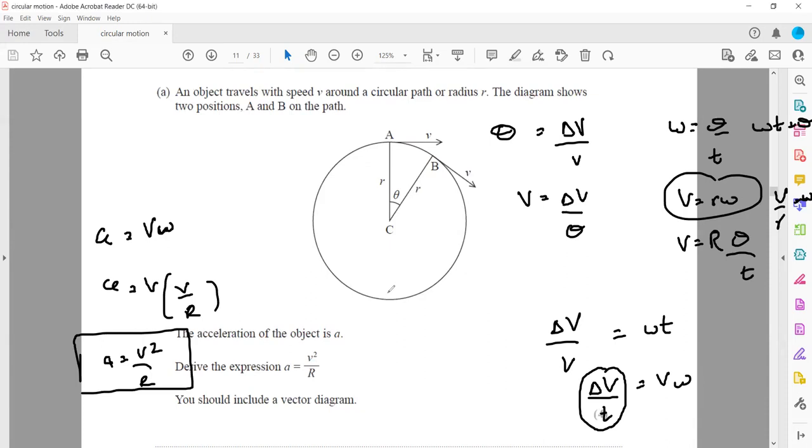So 1 mark, 2 marks are there for the vector diagram.